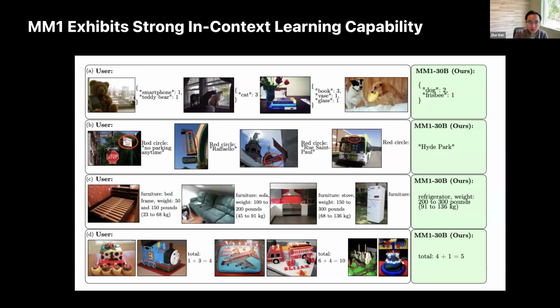For example, the model can already do counting, can already have this knowledge. And in the second example, you will lay a red circle on top of the original image, and the model can also learn that you want to read out the text inside this circle.